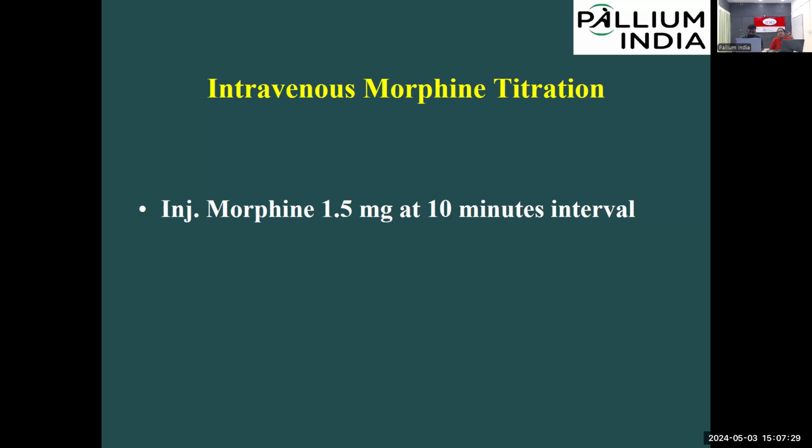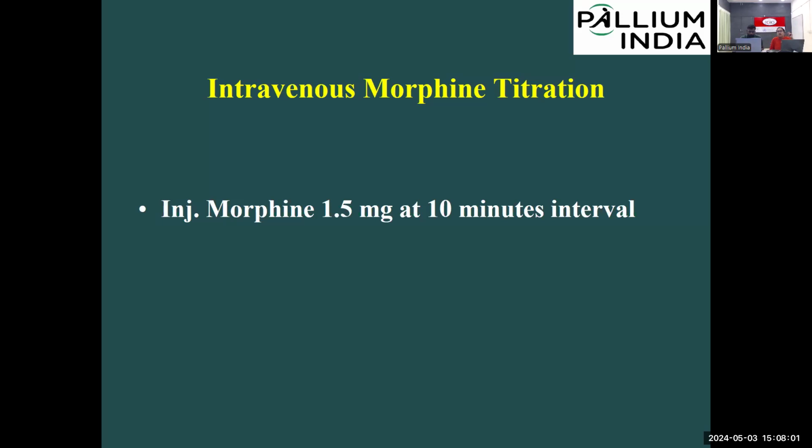So 1 ml contains 1.5 milligram of morphine. Is it clear? So 1 ampule of morphine is 15 milligram, diluted with 9 ml of normal saline and made up to 10 ml. So 10 ml of the diluent contains 15 milligram of morphine. That means 1 ml contains 1.5 milligram of morphine.